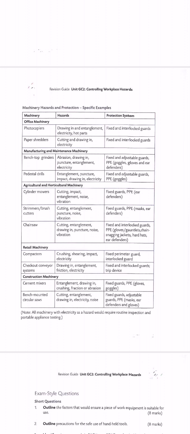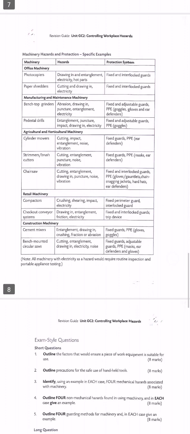The protection is fixed and interlock guard. Then bench top grinder, right? Then talking about the cylinder mower. Cylinder mowers: cutting, impact and entanglement, noise and vibration, right? Fixed guard or PPE, you should have PPE equipment, right?